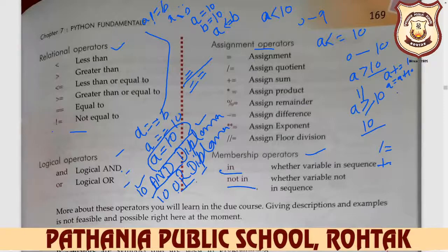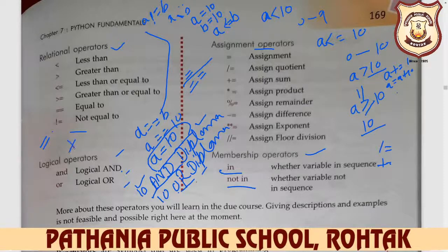We use all these operators, but mainly your questions come from the arithmetic and logical operators. What is the difference between logical and relational operator? What is the difference between and or operator? What is the arithmetic operator? Explain all the arithmetic operators. And what is the difference between single forward slash and double forward slash?